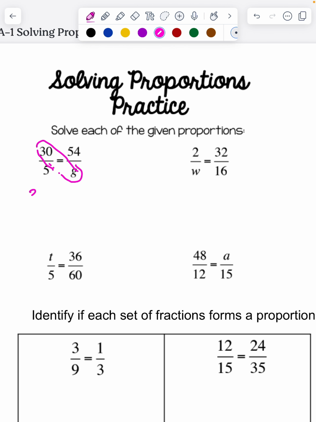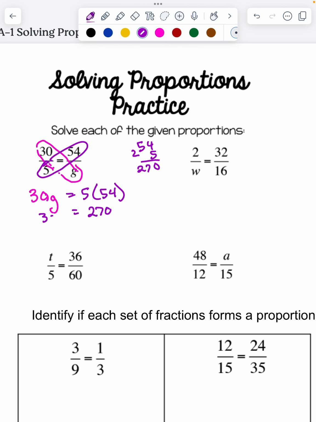So 30 times G is 30G. Then I'm going to cross multiply, equals 5 times 54. And I'm going to come over here and do 54 times 5, and I get 270.